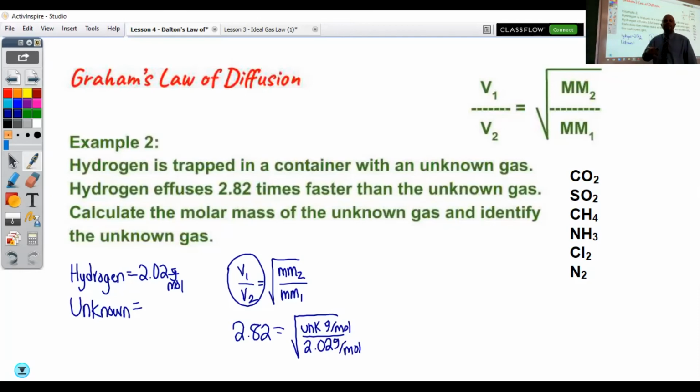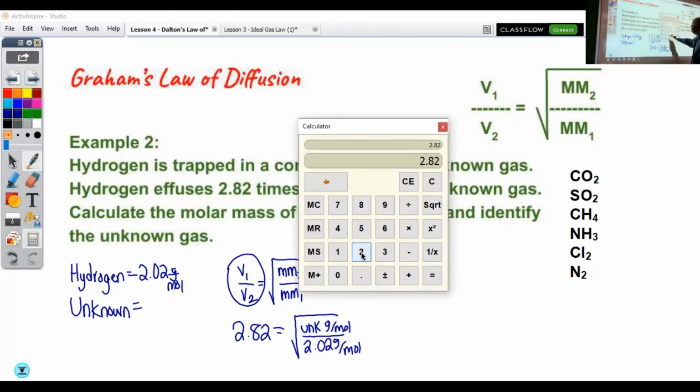Now, think back to your math class. In order to get rid of a square root sign, you square both sides of the equation. So the very first thing that we're going to want to do is take our 2.82 and multiply it by itself to get an answer of 7.95. That will get rid of the square root sign that we had on the right side.